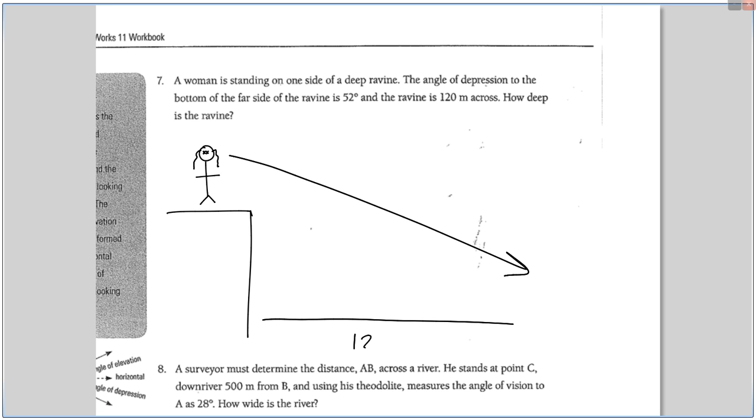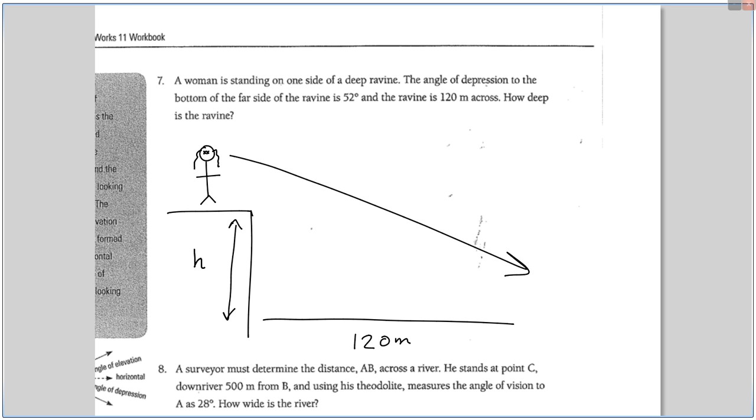Okay, 120 meters. How deep is the ravine? So that's probably like, how high is the cliff, probably. That's what I'm thinking. So call that H. See this weird picture? It's really weird, right?